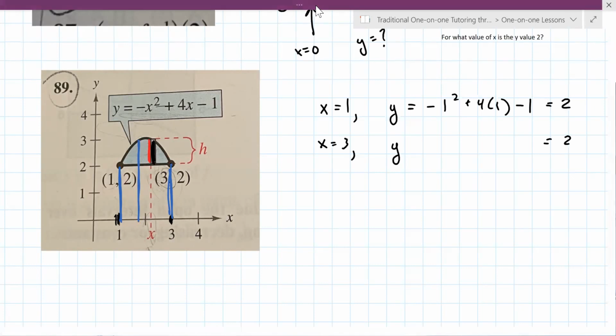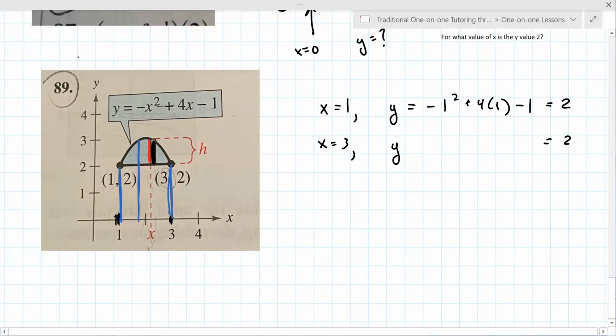I'm using a lot of words and it's not very clear. Let's just say X equals 2. Y equals -2 squared plus 4 times 2 minus 1. That equals -4 plus 8 minus 1, which equals 3. But the height of this piece is not 3. The height is 1. So how do we get 1?